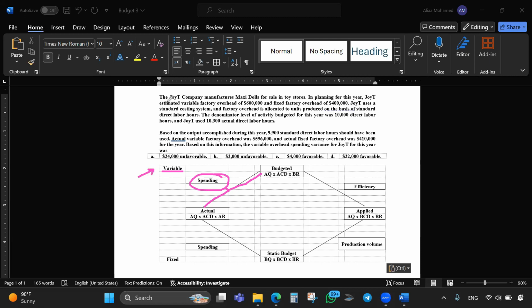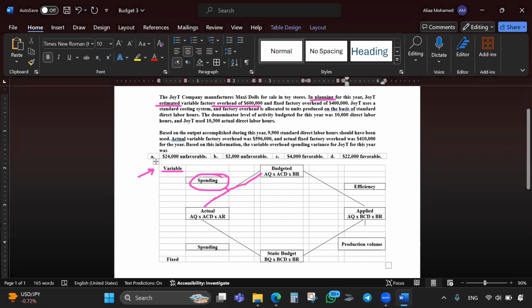The JoyT Company manufactures Maxi Dolls for sale in toy stores. In planning for this year, JoyT estimates variable overhead, another word indicating that we are talking about the budgeted amount of the variable overhead, is 600,000.